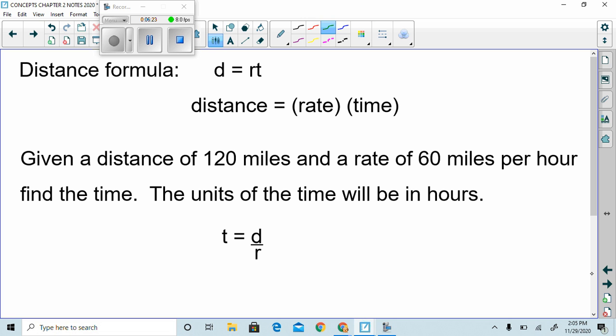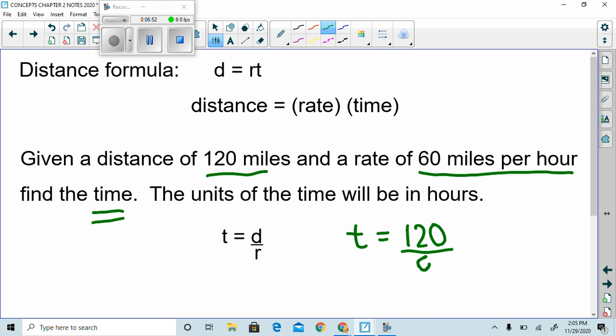We might look at another problem using the distance formula. Distance equals rate times time. If you're given the distance, 120 miles, and you're told that you're going to travel 60 miles per hour, let's find how long it's going to take you to get there. So we're solving for time, so I divided both sides by the rate. I rewrote that literal equation. So time is going to be equal to 120 miles divided by the 60 miles per hour.